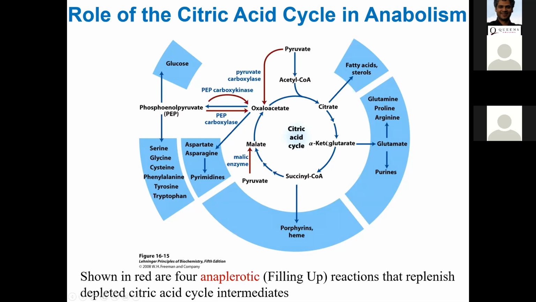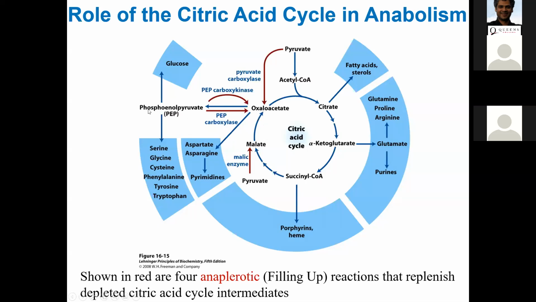Alpha-ketoglutarate can be siphoned away to generate glutamate by transamination reactions that you will see when we talk about amino acid metabolism. From glutamate, you can make purines. You can make other amino acids like arginine, proline, glutamine. Succinyl coenzyme A is one of the key intermediates for making heme compounds like porphyrins. Oxaloacetate can be siphoned away to make aspartate, asparagine, and from there, they can be utilized to make pyrimidines.